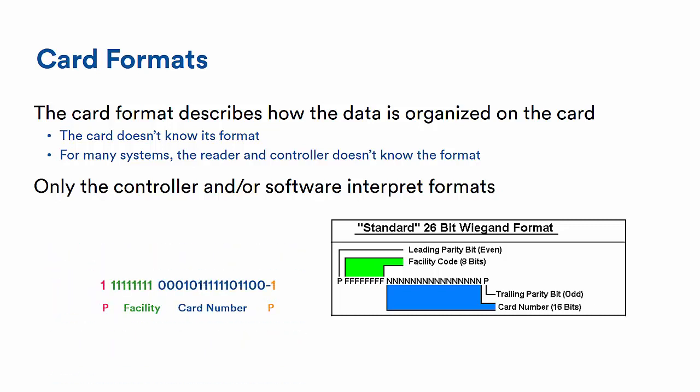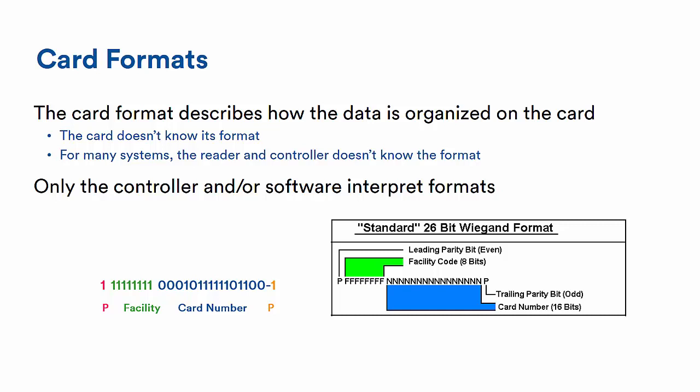So we have the part in green that represents the facility code assigned to the customer's organization, and then the blue portion represents the actual card number. The card format should only be needed for credential import or to visualize the card information in the reports.